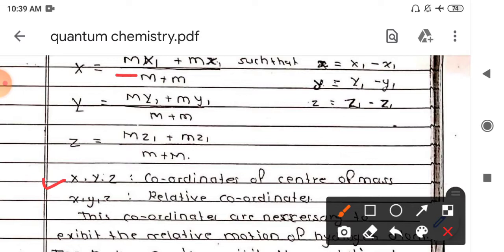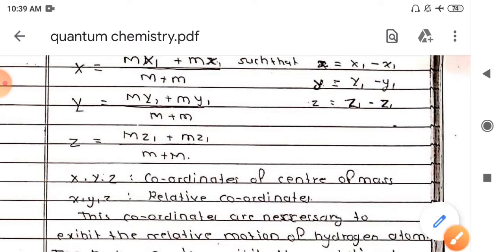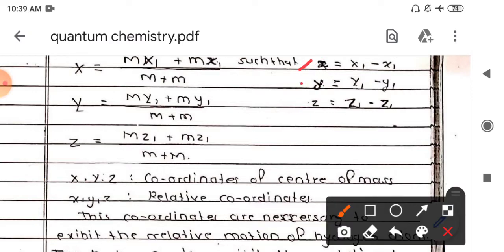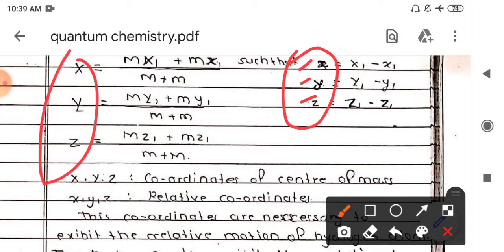And along with this center of mass coordinate, we have to consider the relative coordinates for the rotational motion. These relative coordinates are nothing but x, y and z. These are the capital symbols, and these are the small symbols.